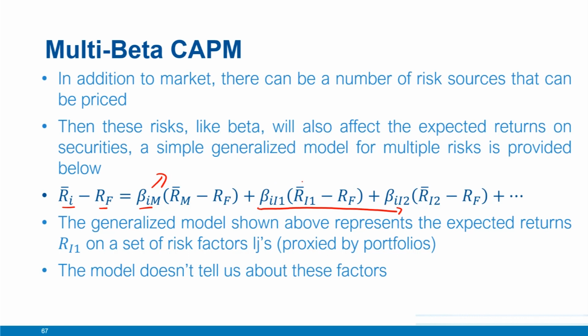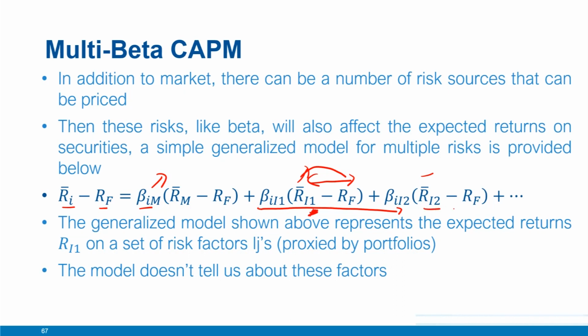For example, R_I1 bar is the expected return on influence 1. R_I2 bar is the expected return on risk influence 2. These are the systematic risk influences that affect the return on the stock, like inflation or default risk. R_I1 bar minus R_f is the risk premia or the price of risk on this influence 1. So this reflects the additional incremental return for bearing 1 unit of risk associated with factor 1.